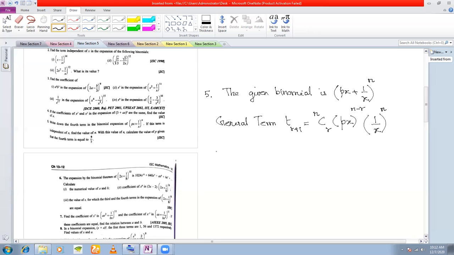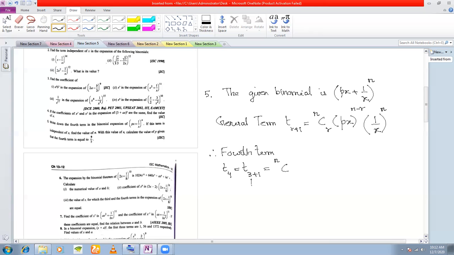Now, what is the fourth term therefore? The fourth term t4 is t3 plus 1, which is n. We don't know the value of n.